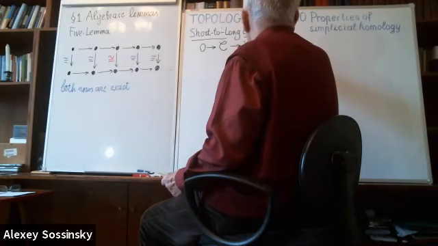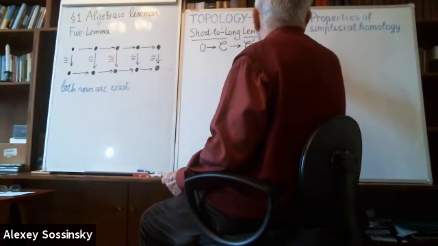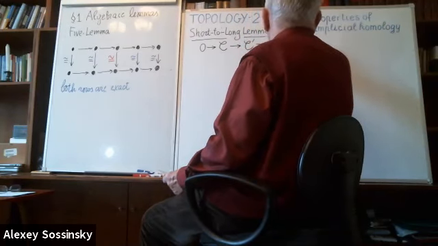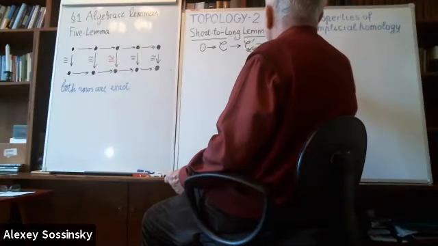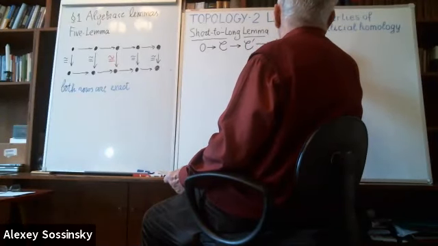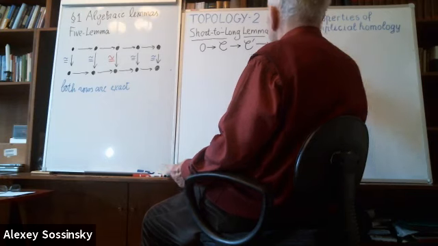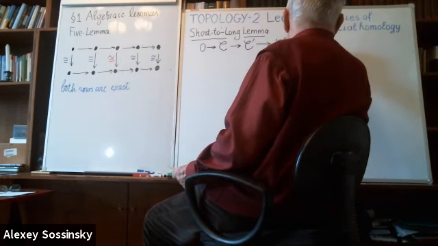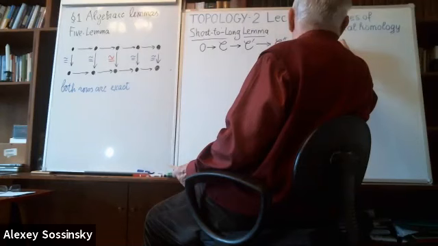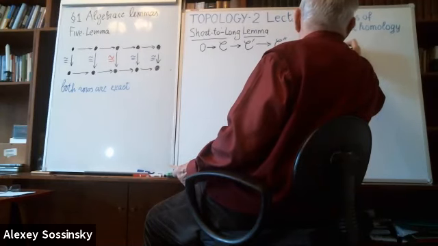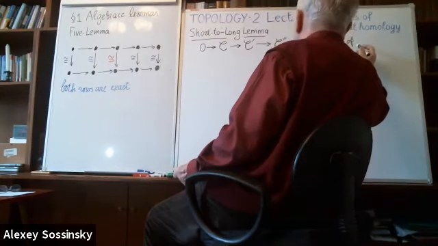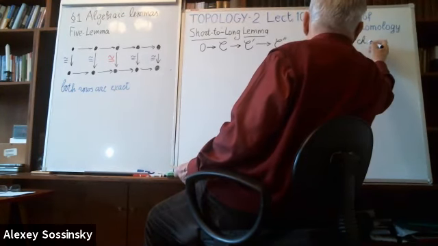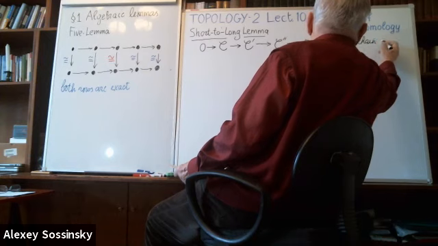Short means that it consists of 3 terms, 3, 1, 0. So this is an exact sequence of chain complexes.